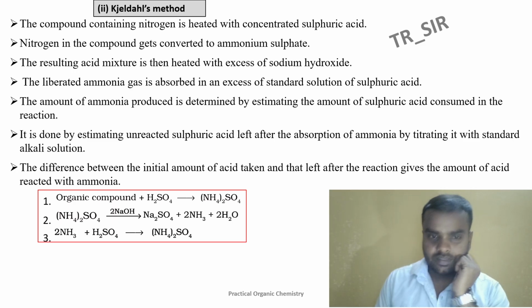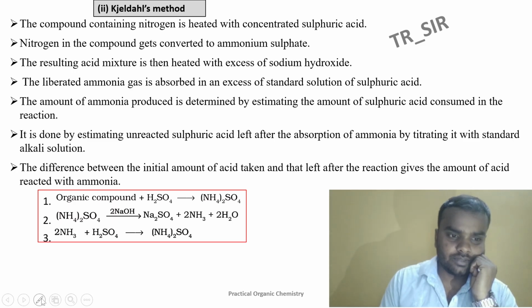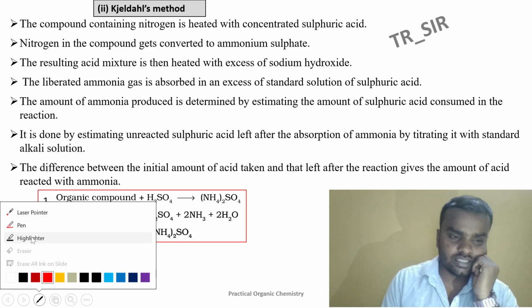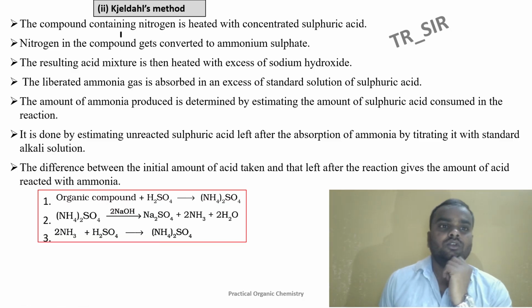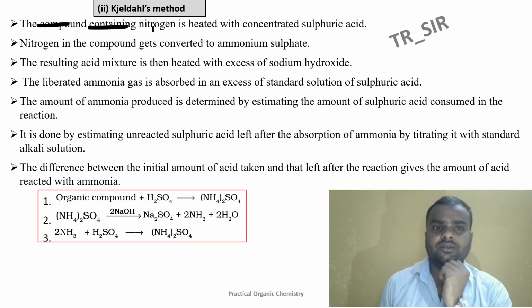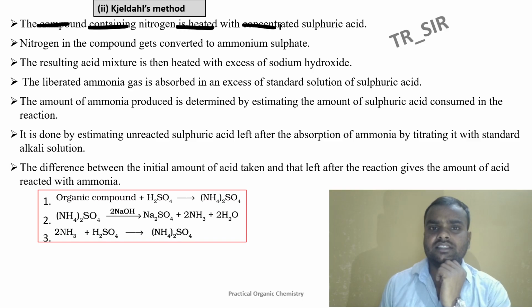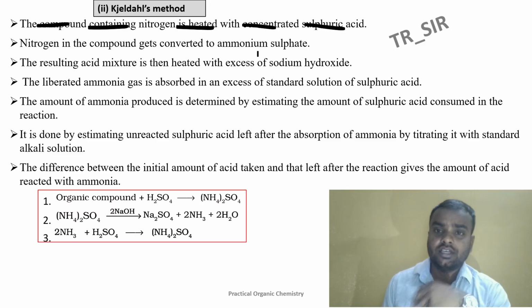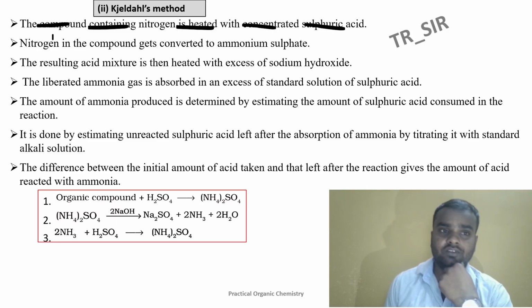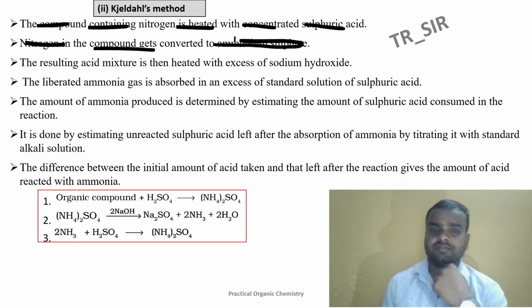Now we have the Kjeldahl method. What will happen in this case? Now we'll see the Kjeldahl method. The compound containing nitrogen is first heated with concentrated sulfuric acid. Then nitrogen in the compound gets converted into ammonium sulfate.